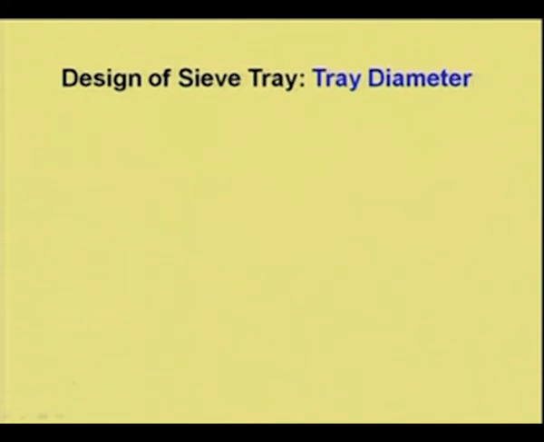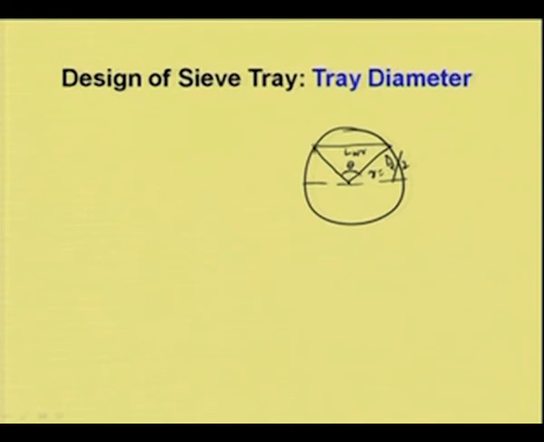Now, for downcomer geometry, we have said, so if this is the R is equal to d_T by 2, and this is the length of the weir L_WR, and this is the angle theta, and this is the height between the weir from the center of the tower.